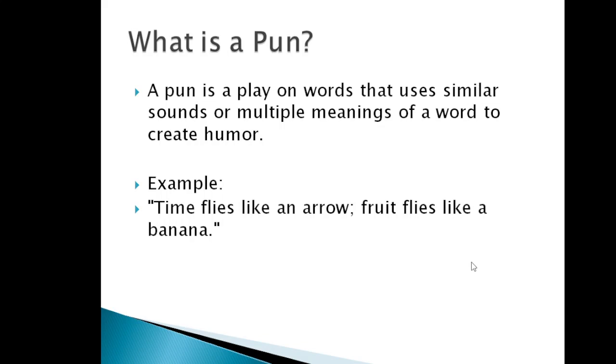It passes quickly. But the same words, flies like, we are now using in the second part of this example. We are playing with words in order to produce humor, to produce laughter.